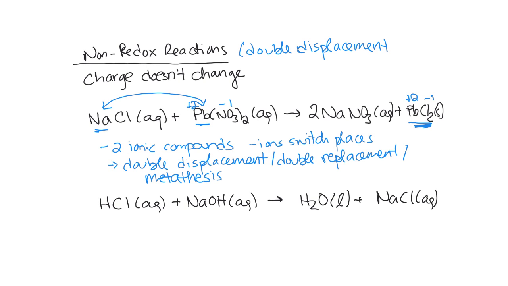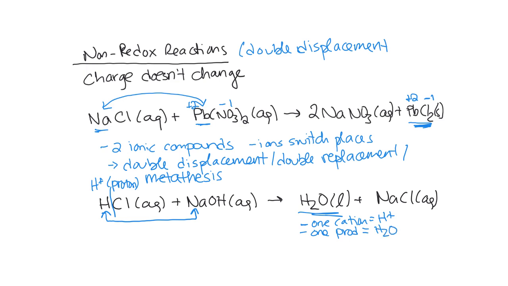When I switch those two ions, I notice that one of the ions is a proton, is H+, and the name for H+ is proton. And when I do that, I make water. So basically what I see is one of the cations is H+, one product is water. This type of a reaction is called acid-base.